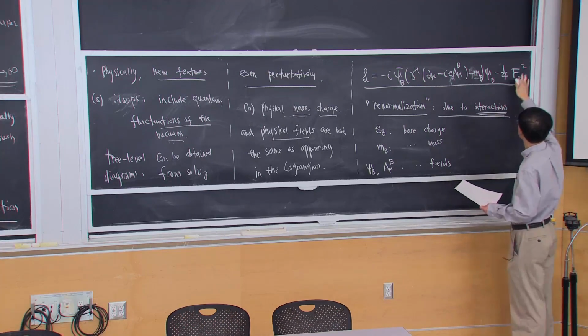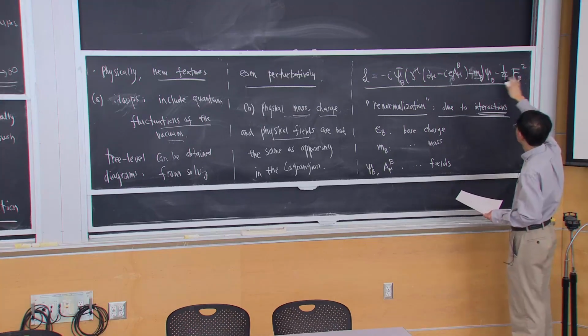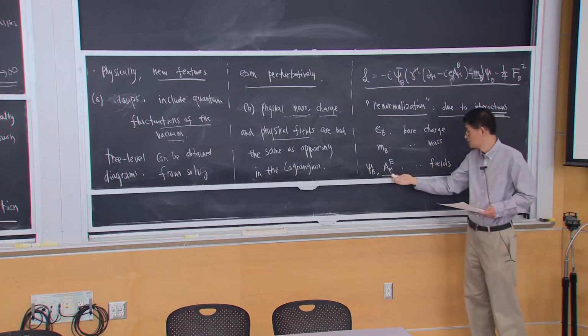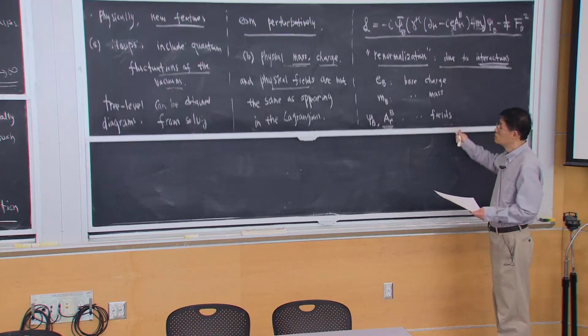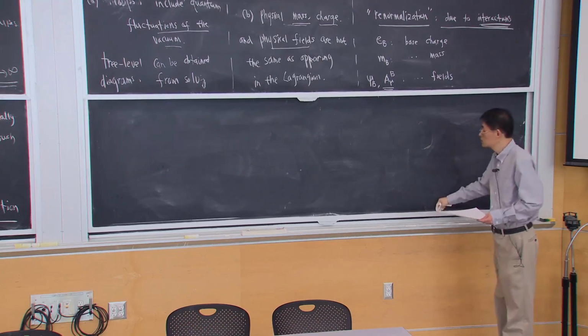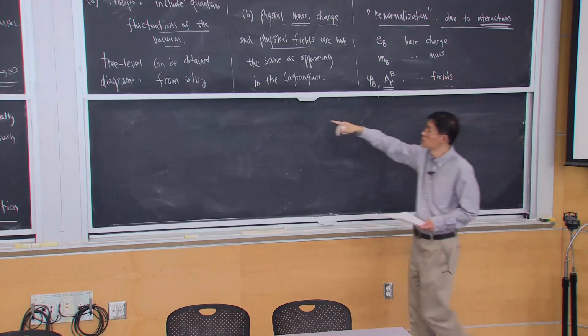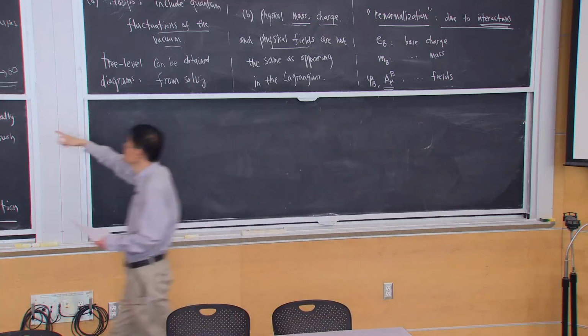When I write F squared B, it means the F squared constructed out of A mu B. Now let's illustrate this using these three simple diagrams.